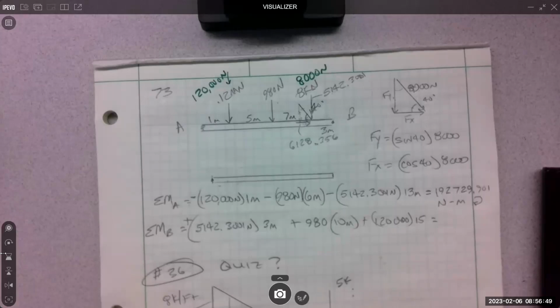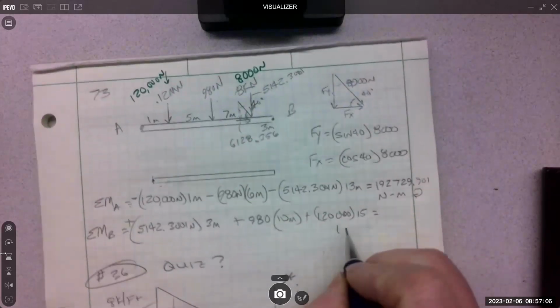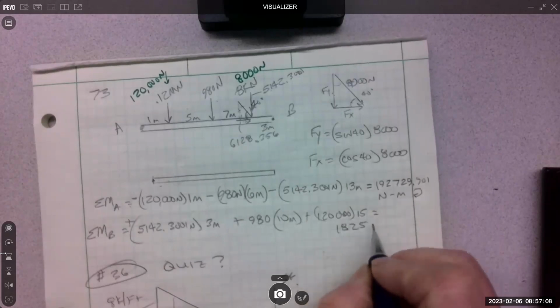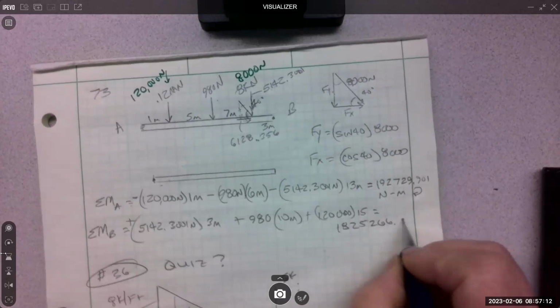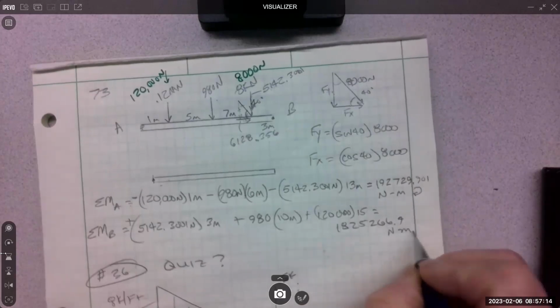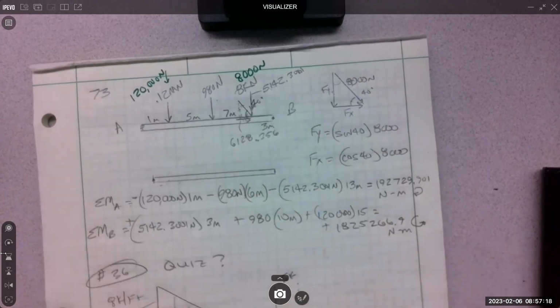Too fast. 1, 8, 2, 5, 2, 6, 6.9 Newton meters. Anyone else get that? And that is going to be spinning the opposite direction.